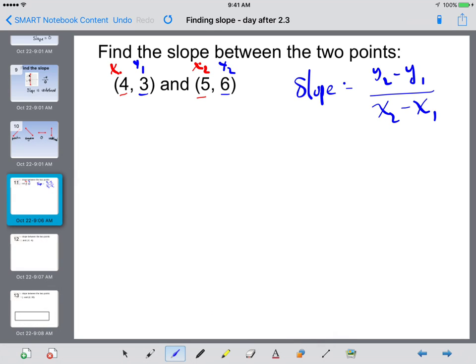So in my formula, I'm going to take 6 minus 3 divided by, because I started with 6, that means I have to start with 5 in the bottom. 5 minus 4. I simplify. 6 minus 3 is 3 over 5 minus 4 is 1. I get a slope of 3 over 1, which reduces to 3.